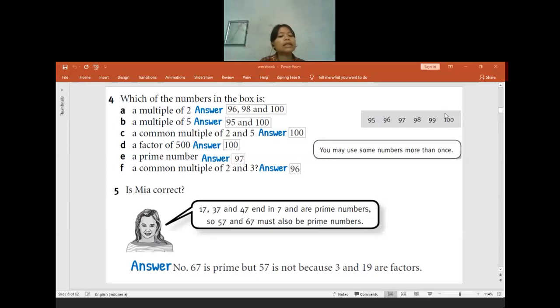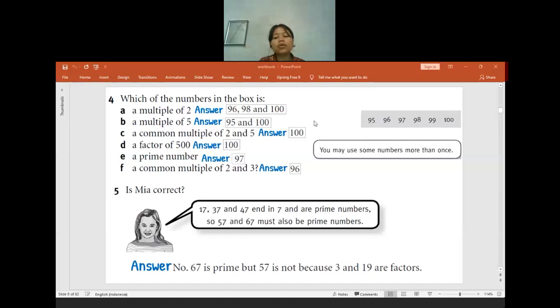The multiple of 10 in here is 100. That's why the answer is 100. For question 4D, factors of 500. I need to find any number that I can use to divide 500. It's only 100.